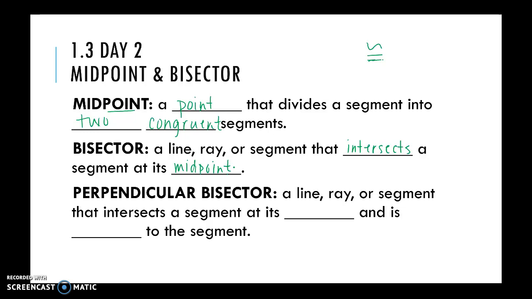A perpendicular bisector would be a line, ray, or segment that intersects the segment at its midpoint, the same definition as above. But if it's a perpendicular bisector, it has to be perpendicular to the segment.